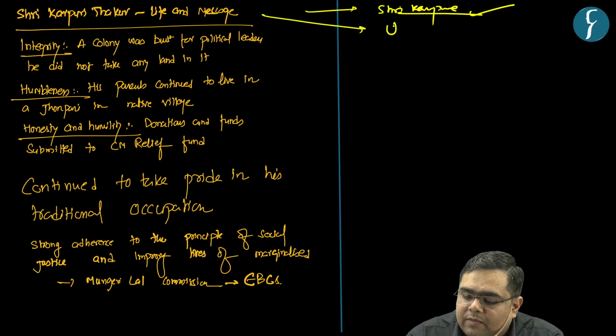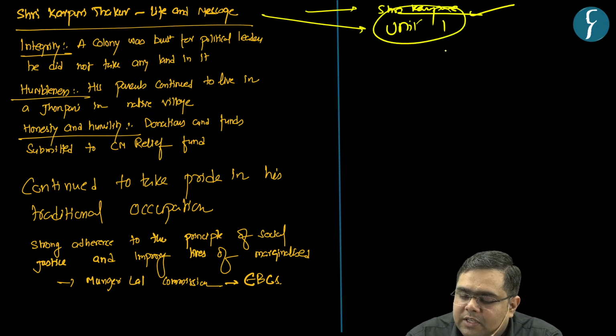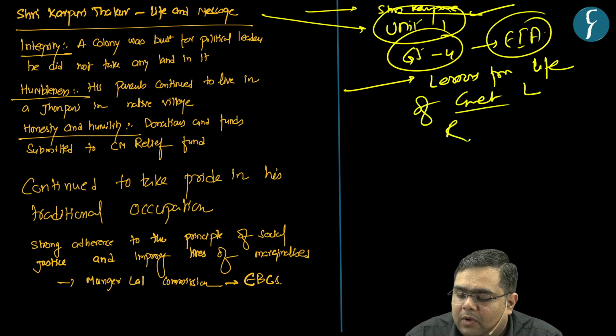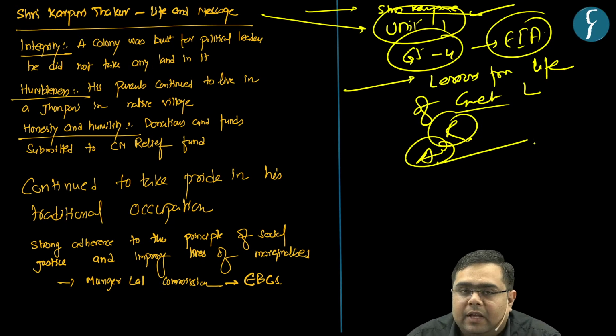Unit 1, GS Paper 4, that is Ethics, Integrity and Aptitude, says that lessons from the lives of great leaders, reformers and administrators act as examples, first to live by, and then to implement. Since Shri Karpuri Thakur has received the Bharat Ratna award, we can draw certain examples from his life.